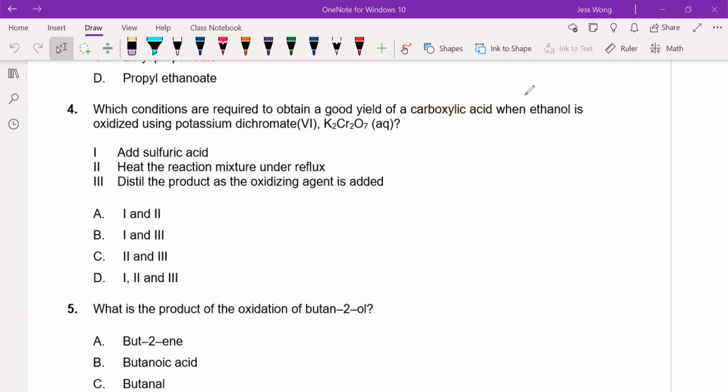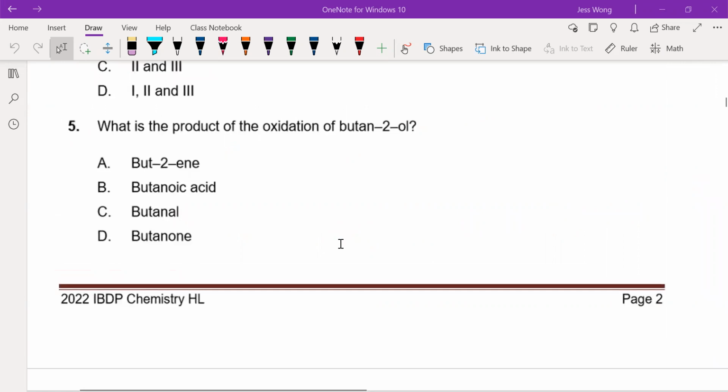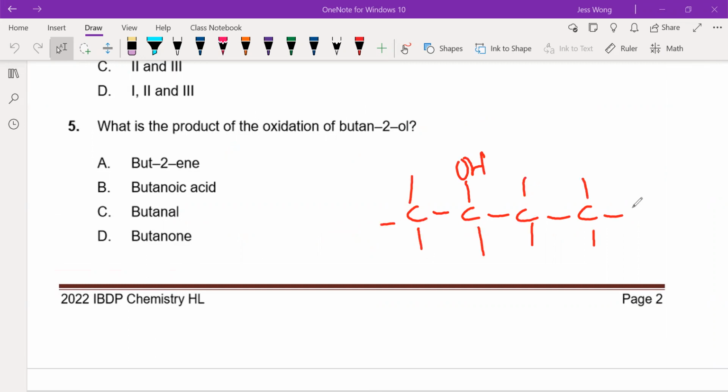Question 5. Which is the product of the oxidation of butan-2-ol? So first sketch your alcohol. Now, before we look at it, you need to remember primary alcohol will give you either an acid or aldehyde.